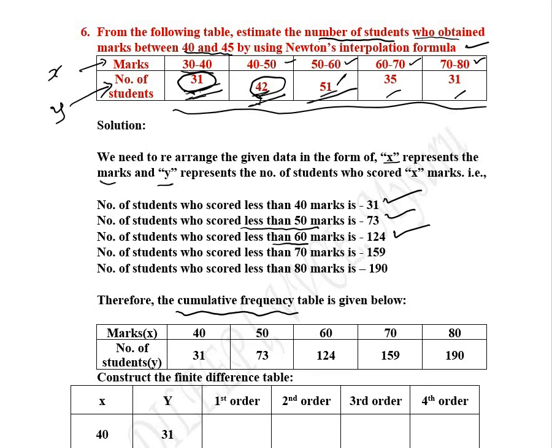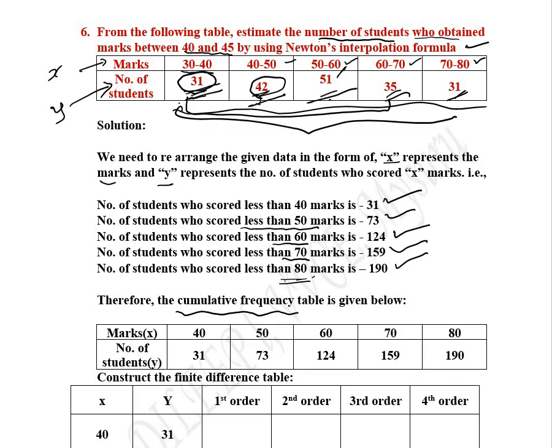Similarly, the number of students who scored less than 70 means the addition of these four, that gives 159. The number of students who scored less than 80 is nothing but the addition of all the data: 31 plus 42 plus 51 plus 35 plus 31, that gives 190.